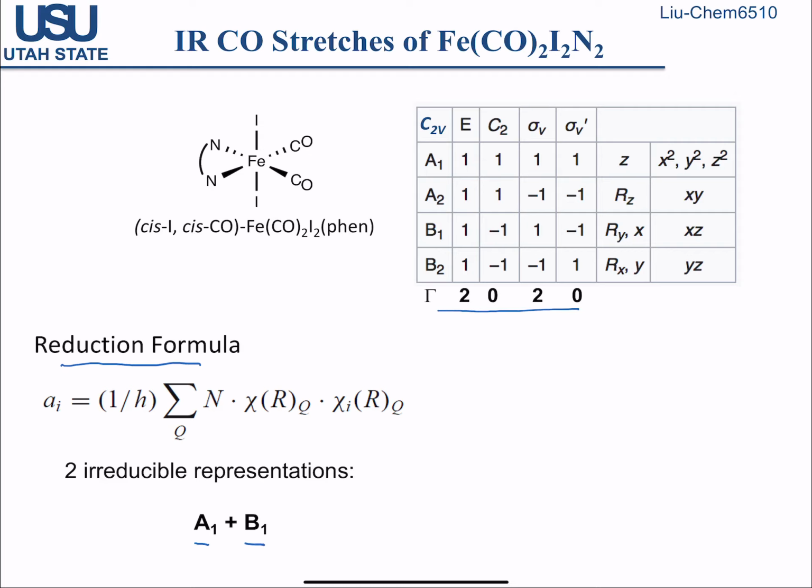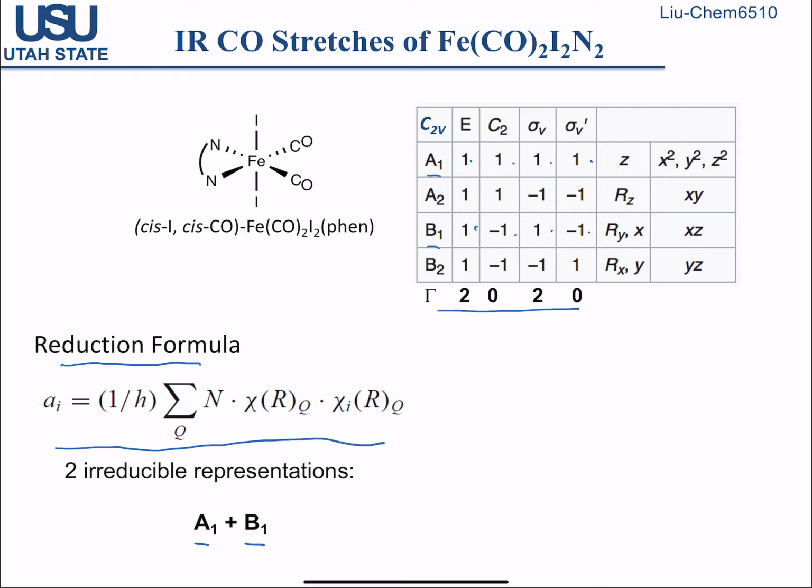If you combine A1 and B1, you get this total representation: 1 plus 1 you get 2, 1 plus minus 1 you get 0, 1 plus 1 you get 2, 1 plus minus 1 you get 0. Similar to what we did before, but make sure you can still use this equation to do the formal reduction.